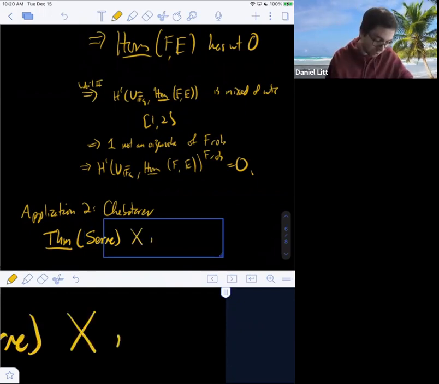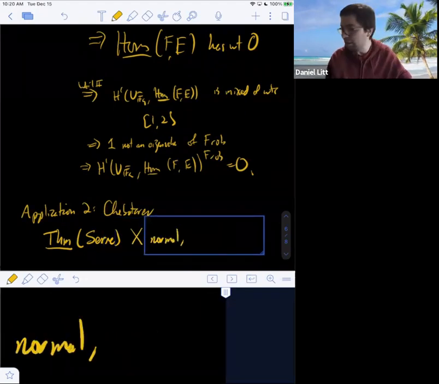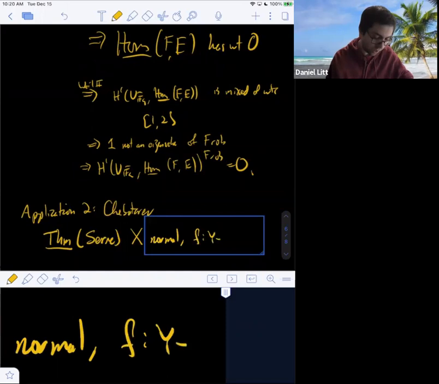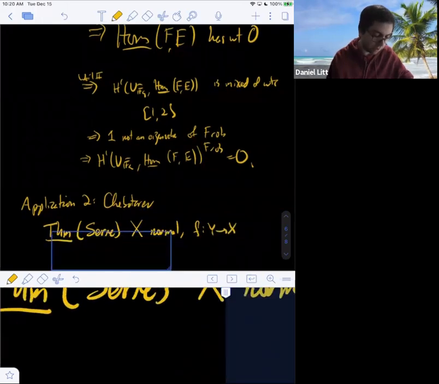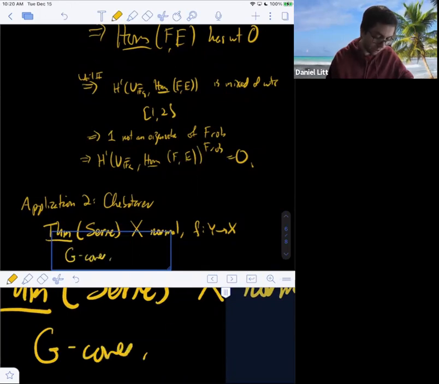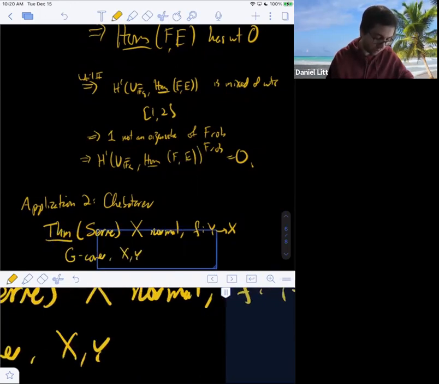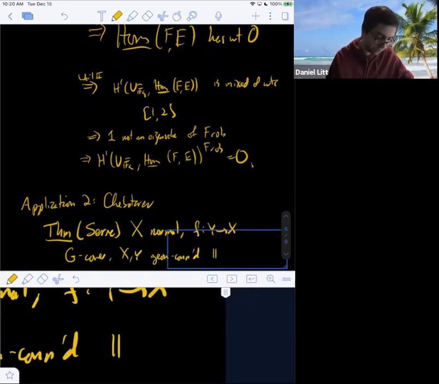So suppose X is normal, and f: Y to X is a G-cover, and here X and Y are geometrically connected schemes over a finite field F_q, varieties.